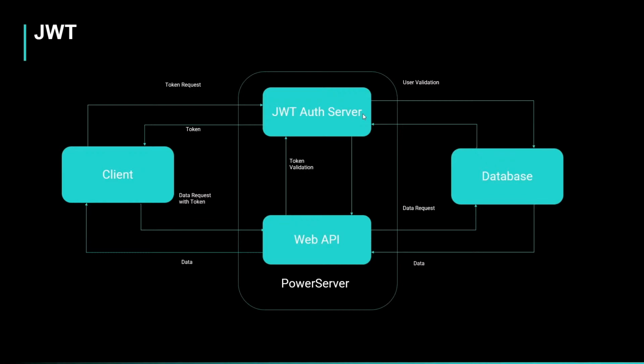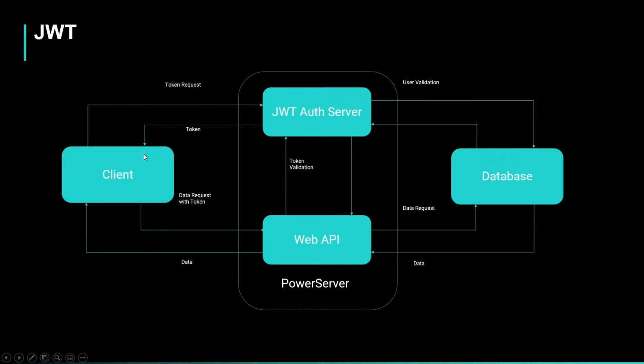And so another approach you may want to look at, and this will be the same with OAuth, is you may want to create a table in your database of your users and their passwords in an encrypted format. And then what you would do here in the auth server is take the password that was sent to you and compare it to the unencrypted password. You retrieve the encrypted password from the database and unencrypt it and compare them, and that would validate the user. So that would be one way to do it here.